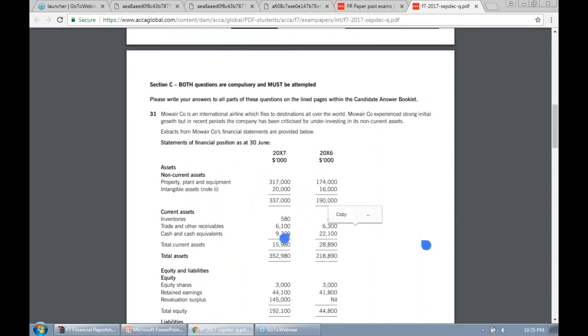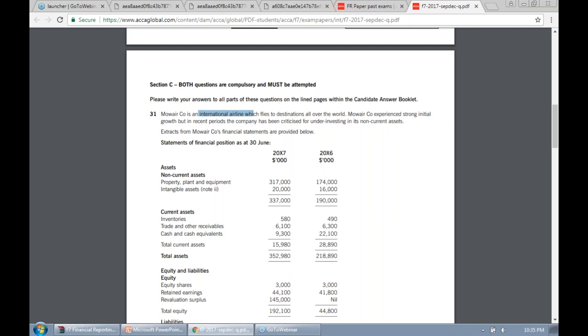Now, what is Moyer company? Moyer is an international airline. So you should know the basics of how an airline company works, and I think everybody knows about the airline, which flies to destinations all over the world.